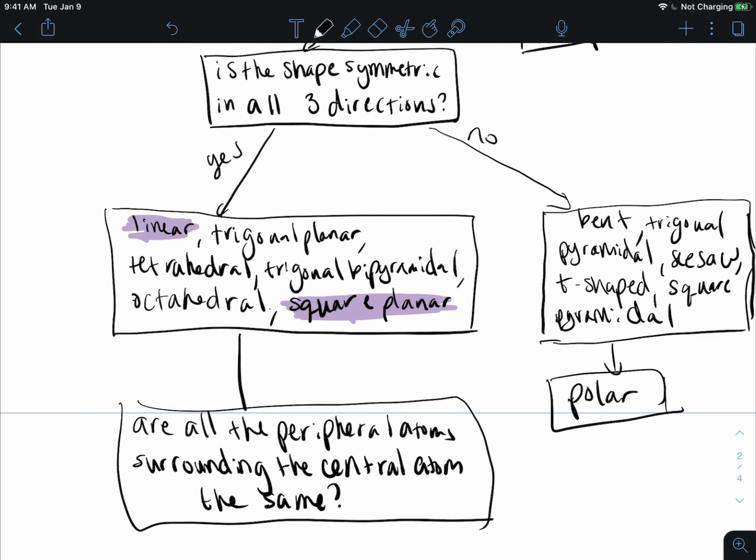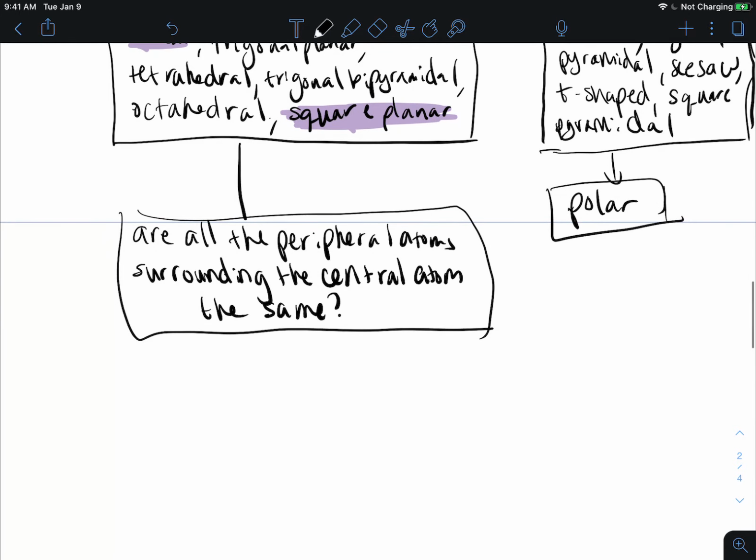If all the peripheral atoms surrounding the central atom are the same, then we maintain that symmetry and we have a nonpolar molecule.